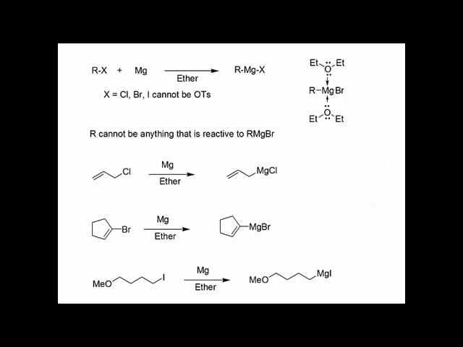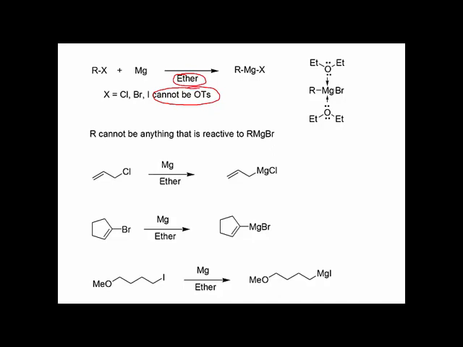What about the Grignard reaction? The Grignard reaction is almost always done in ether, and our limitation here is pretty much the same as it is with organolithiums. The X has to be chlorine, bromine, or iodine. Tosylate is not an optional substitute for a halogen in this reaction.